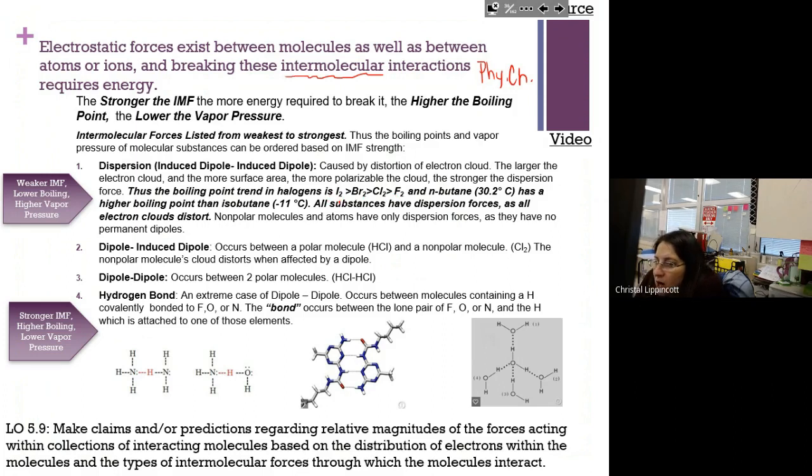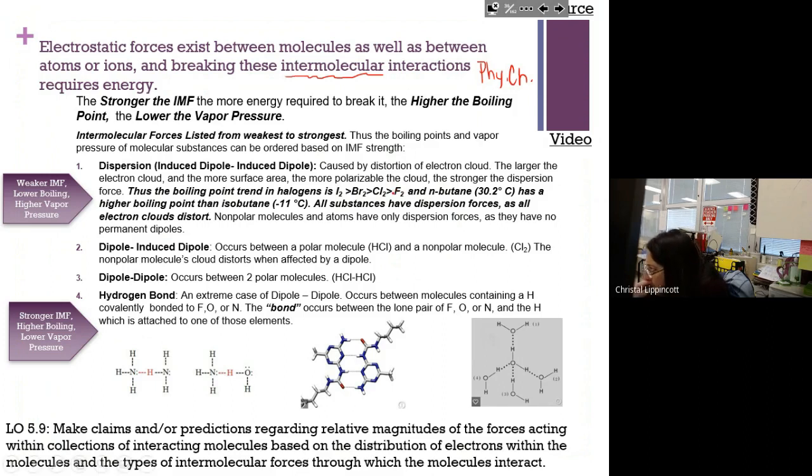So they talk about increasing the molecular mass, but it's not really the molecular mass that you need to be thinking about. It's the number of electrons. Because if you increase the number of electrons, the molecule becomes more polarizable, leading to increased LDFs, which increases the boiling and melting point of the substance.